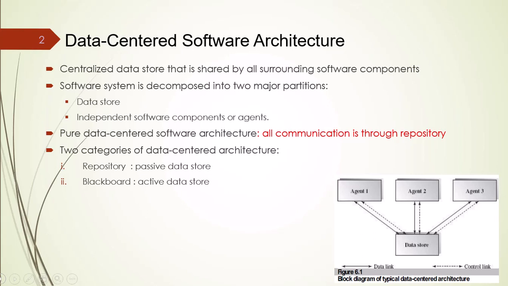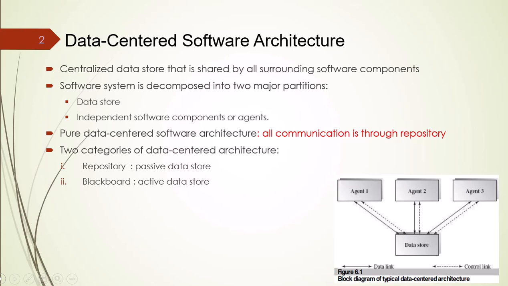Pure data-centered software architecture. What is pure data-centered software architecture? Where all the communication is through a repository. Repository means a database where data lies. The two broad categories of data-centered architecture are repository and blackboard.